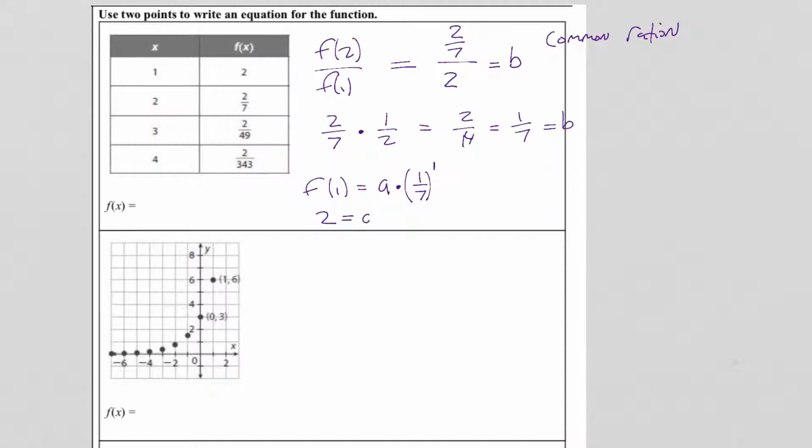So 2 is equal to A times 1/7. Or 2 is equal to A over 7, which makes A equal to 2 times 7. So A is 14. And now our formula is f of x is equal to A, which is 14, times 1/7 to the x power. So that's how you would derive the formula from a table.